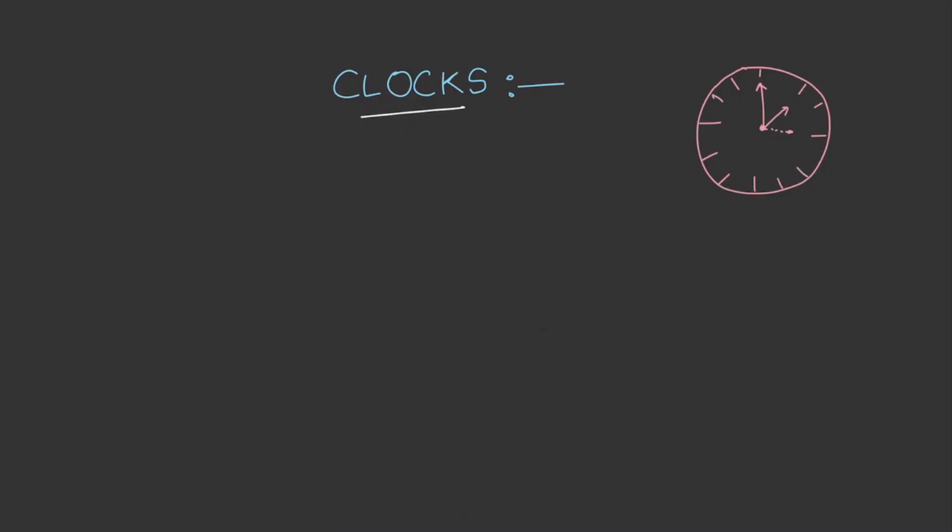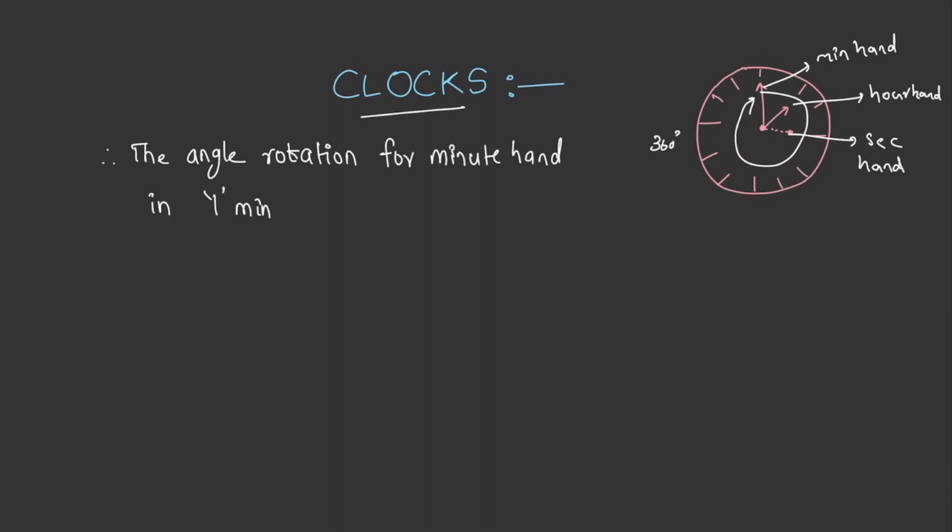Basically, a clock consists of a minute hand, hour hand, and a seconds hand. The minute hand rotates 360 degrees for 1 hour and the hour hand for 12 hours. Therefore, the angle of rotation for minute hand in 1 minute is 360 by 60, that is 6 degrees.